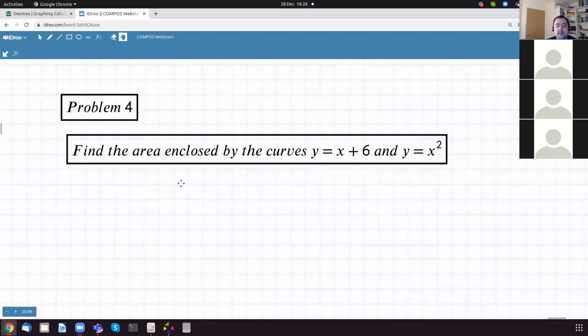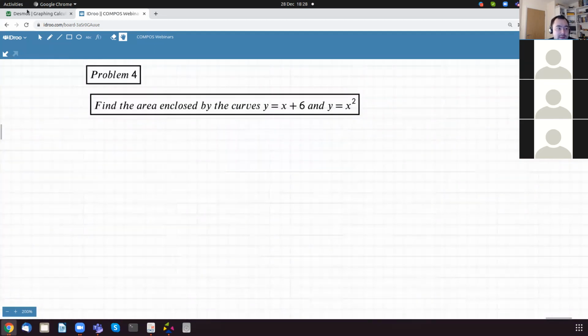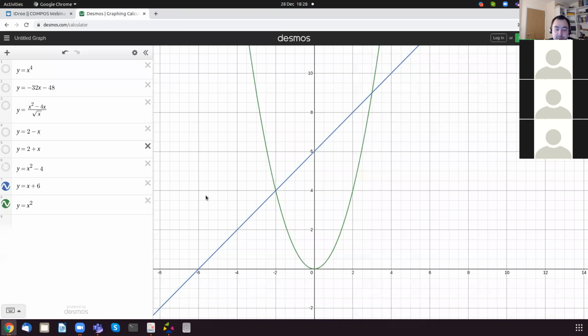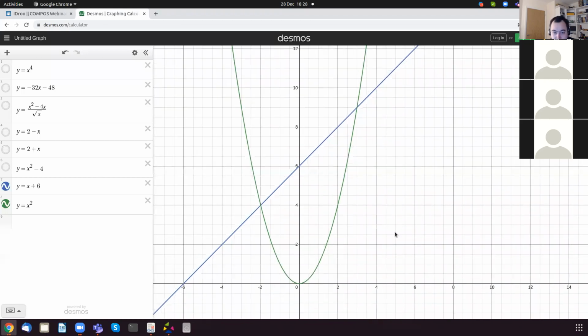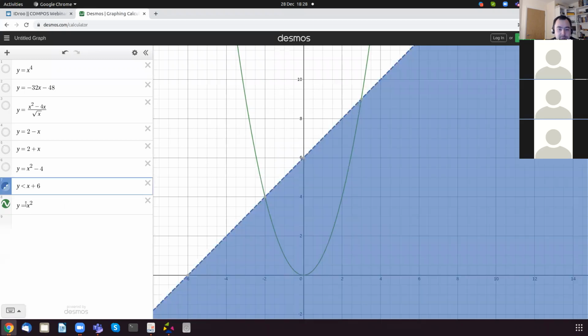So problem 4, find the area enclosed by the curves. The best thing we can do is to plot that, and we need to find that area.